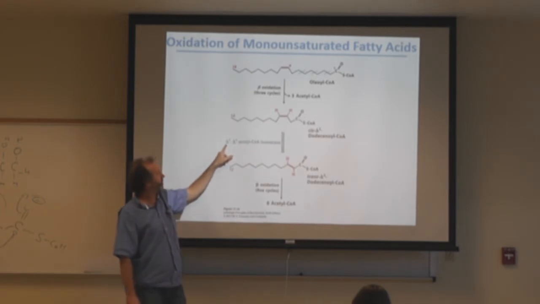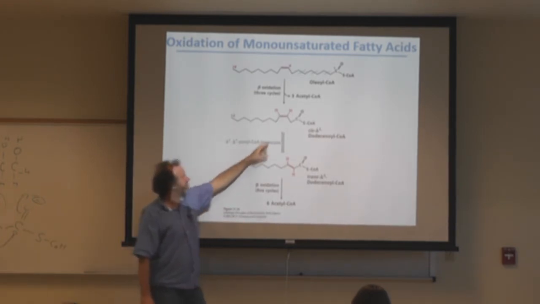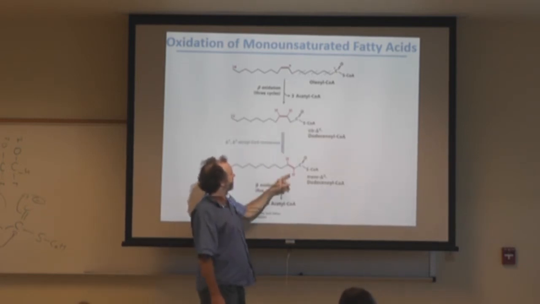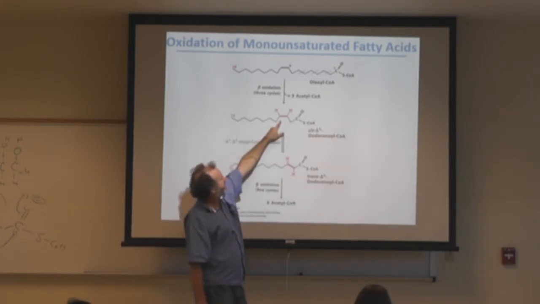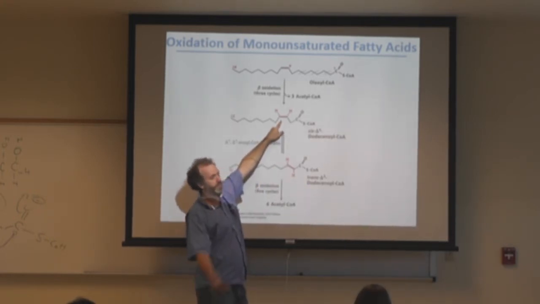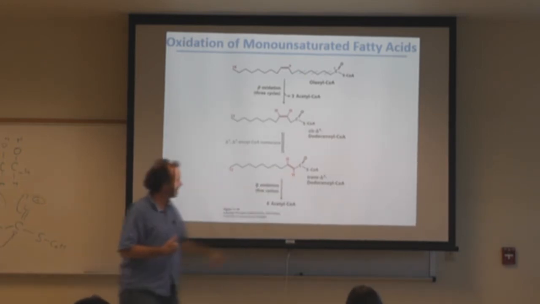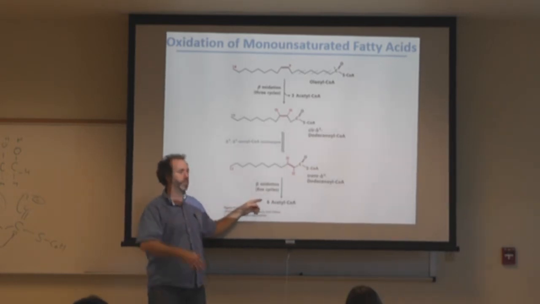Then delta 3, delta 2 enoyl-CoA isomerase isomerizes that, switches the double bond, and converts it to trans delta 2 dodecanoyl-CoA. So you take the cis delta 3 and it converts to trans delta 2. And then this is a substrate for normal beta oxidation.